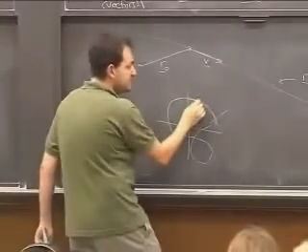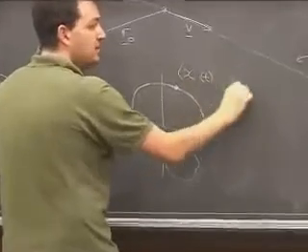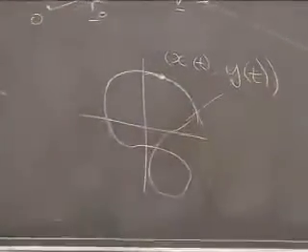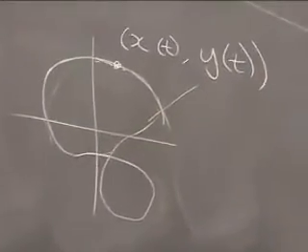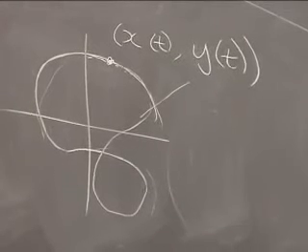At time t, you can write down its coordinates as x of t, comma, y of t. So both the x and the y are functions of another variable. In this case, I call it t, and think of it as time. It's not a bad way of thinking of it. And that tells you where it is at any time.